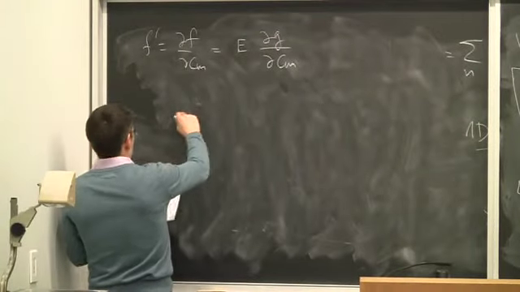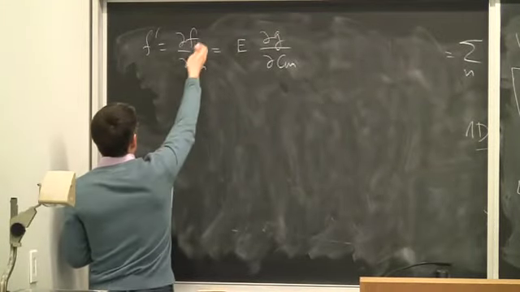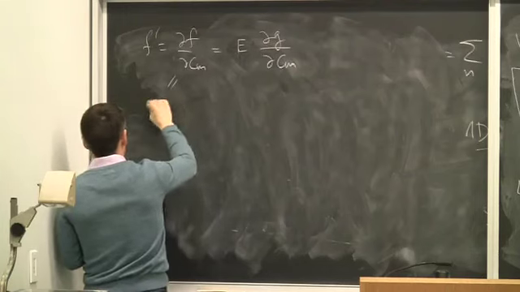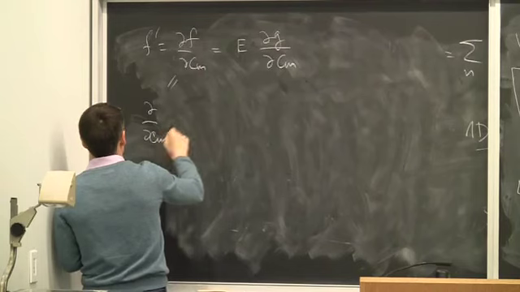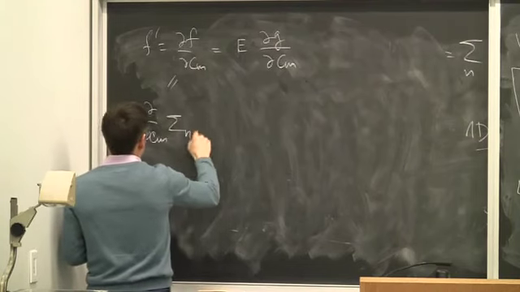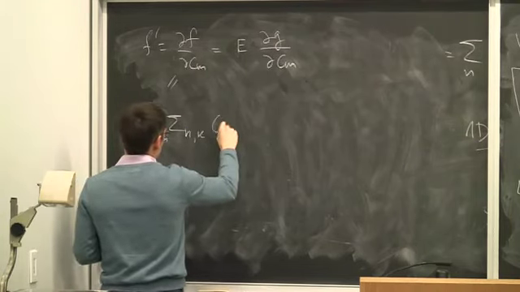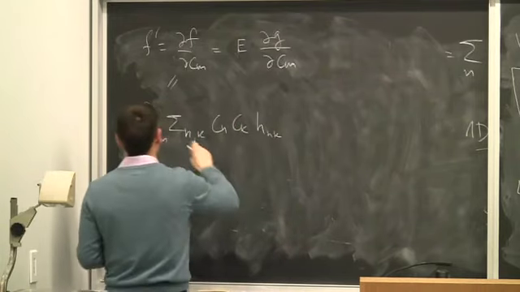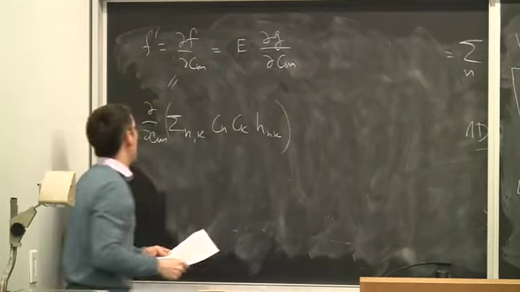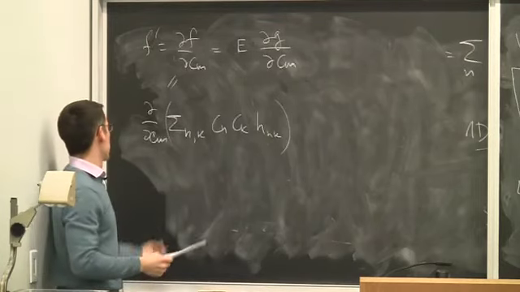All right, so then df over dcm is the derivative of the numerator, right? How do we differentiate that?